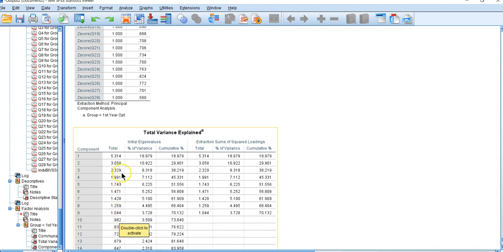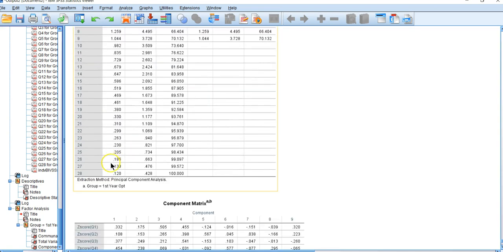Now, why is that? So these are called eigenvalues, and eigenvalues represent the amount of variance accounted for within a particular factor. So the first factor has 5 units of variance. So there's 28 questions, all with a mean of 0 and a standard deviation of 1. And so if we summed all these numbers up, we would get 28, and that's 100% of the variance.